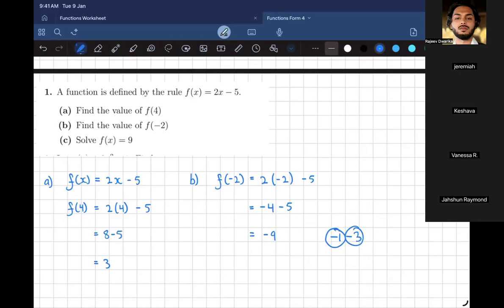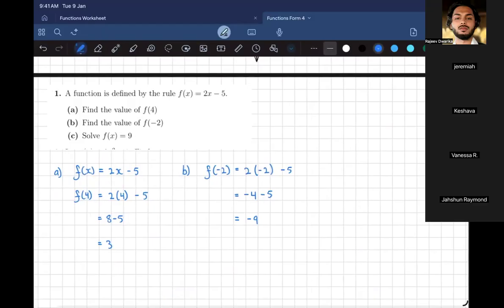If you take away 1 and then you take away 3 again, how much do you take away? 4. Exactly. So -1 minus 3 is -4 because you take away 4. One more. What's -7 minus 2? -9. Yeah. So you get it by now, right? It's only looking hard, but it's simple.